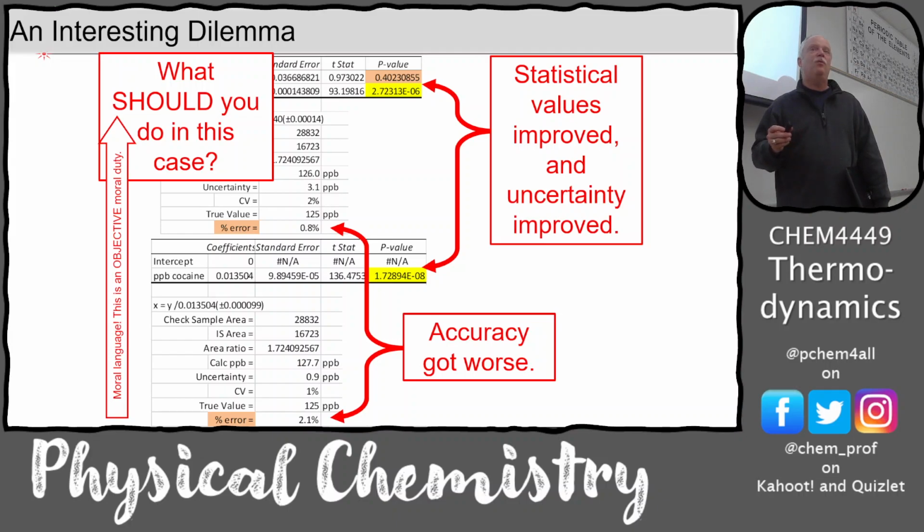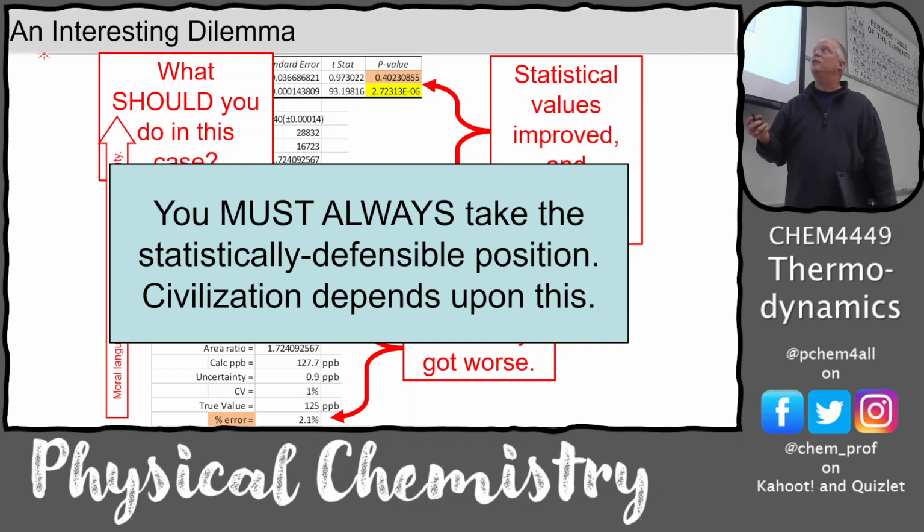You would have to say because it gave the right answer. What was the right answer? The answer you wanted. Why did you want that answer? And so you've now stepped in a big mess. Okay, so for practical purposes, but also for moral purposes, you want to use the statistically defensible model.